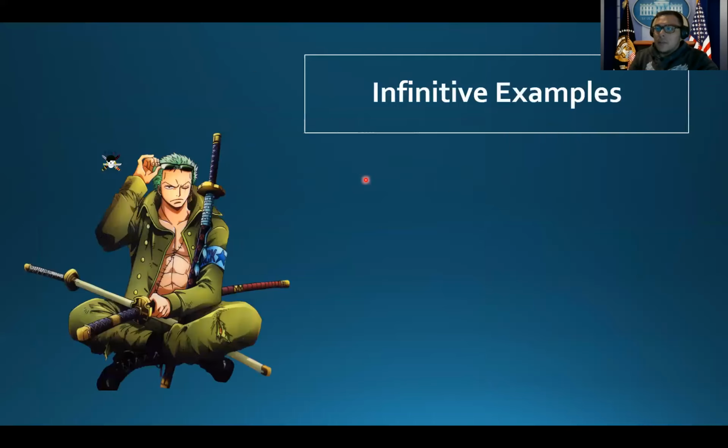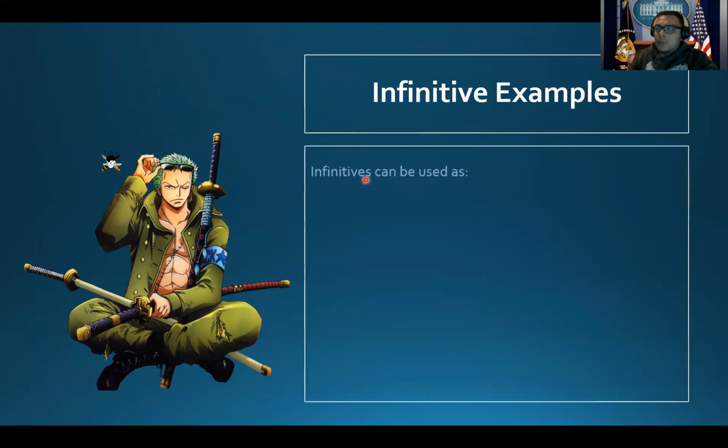Firstly, we have to see how we can apply them. So here are the infinitive examples. The first one says that we can use infinitives as an object following the verb. So we see right there, Jim always forgets to eat. We have our verb right there, and to eat is what Jim always forgets.